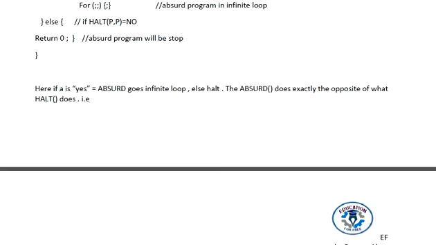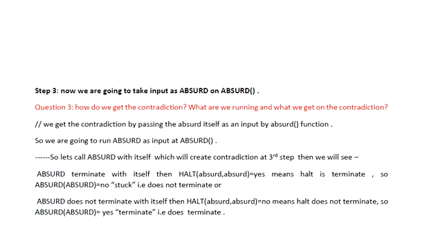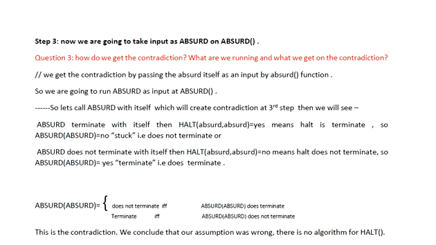Now, in the third step, what is happening actually? In the third step, we are going to take absurd as input to the absurd function. So how do we get the contradiction?